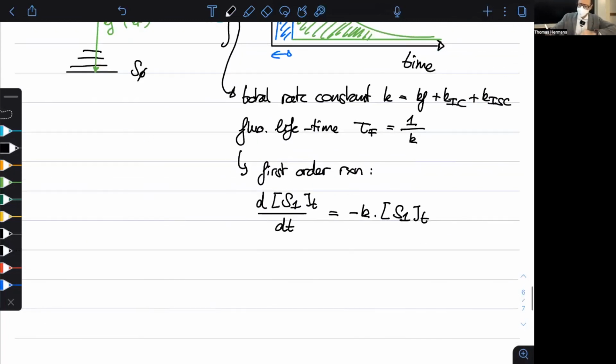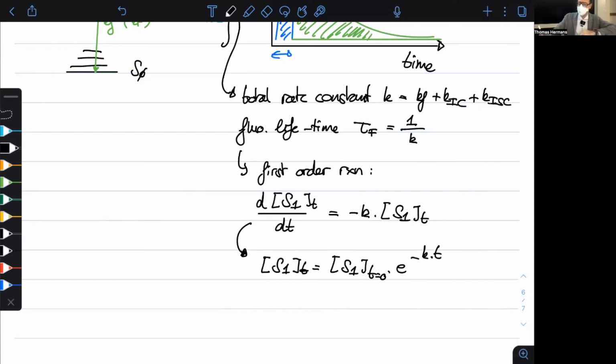Right, and in your chemical kinetics class, or if you have my class in M1 or 2, we'll see how to solve this kind of stuff, but you know this, so you can integrate this, and then you basically get S1 at time 0 times exponent minus k times t.